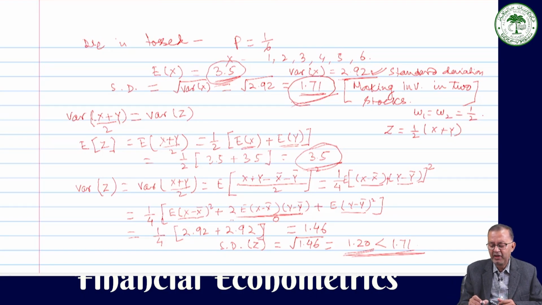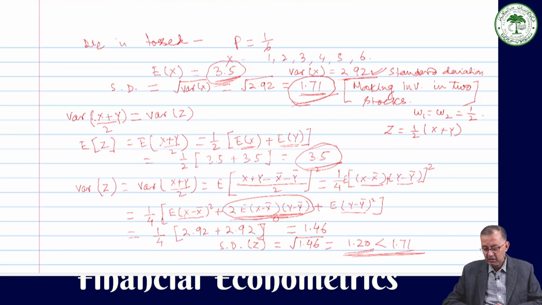That is why we have taken the covariance term as 0. So this volatility, or the larger variability in the investment, what does it show? It shows the risk factor.